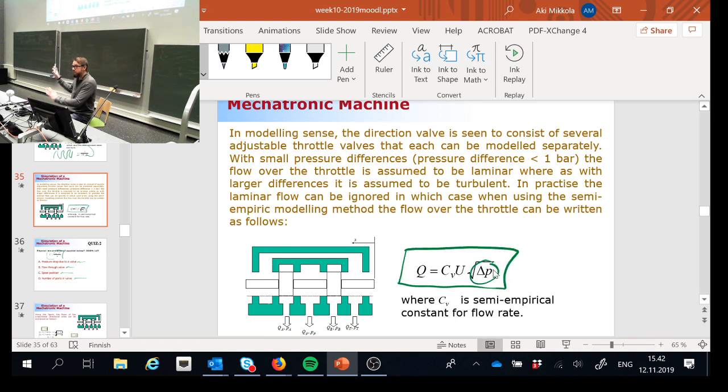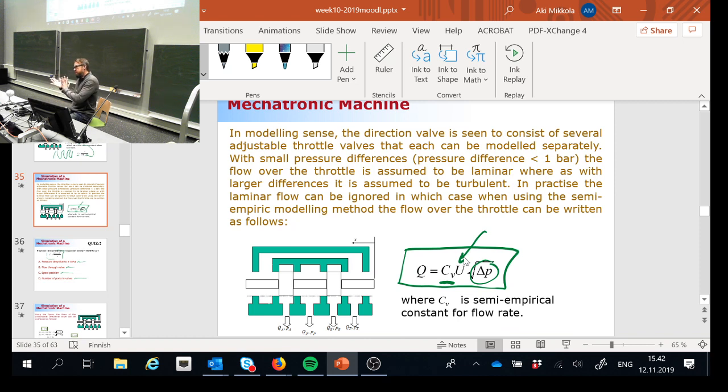We can apply that to different kinds of valves in a second. Then I have here the semi-empirical parameter that you can get from the manufacturer's catalog, and spool position. There is going to be more flow through the component if the opening is bigger, and less if the opening is smaller. And it is assumed to be linearly related.